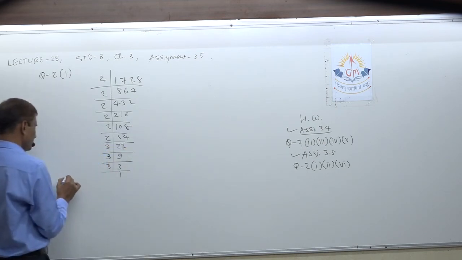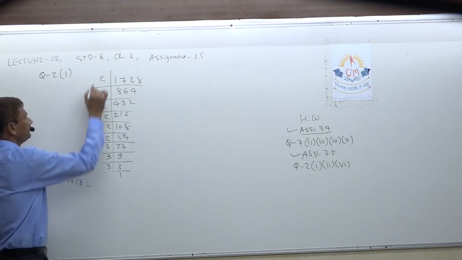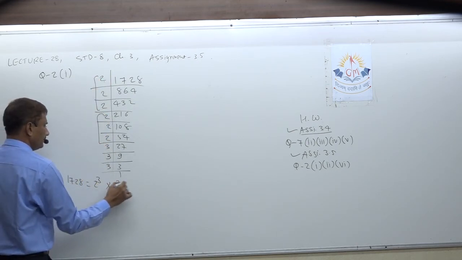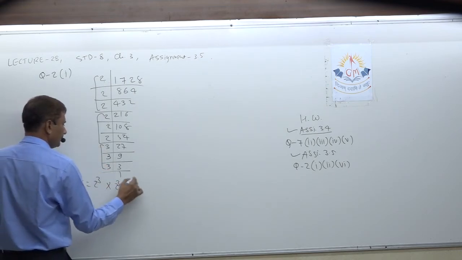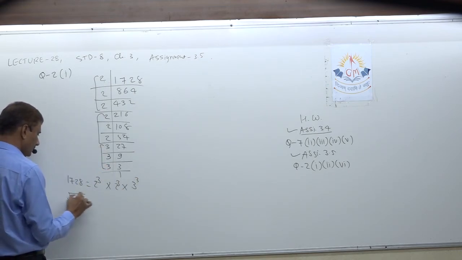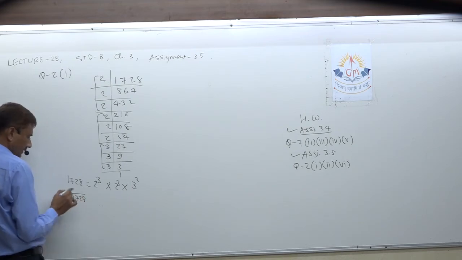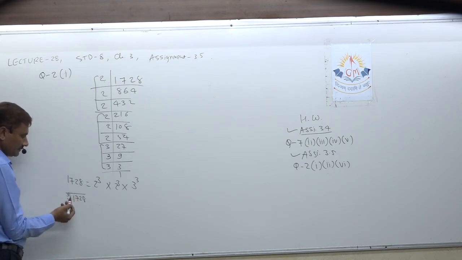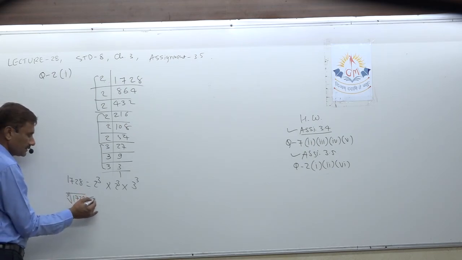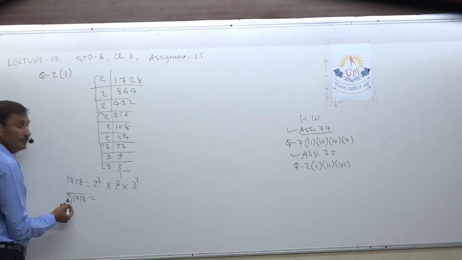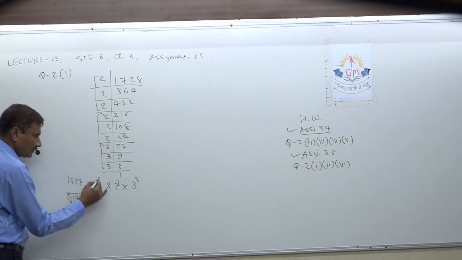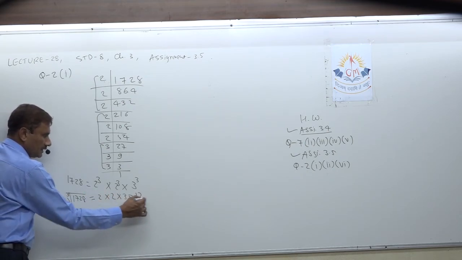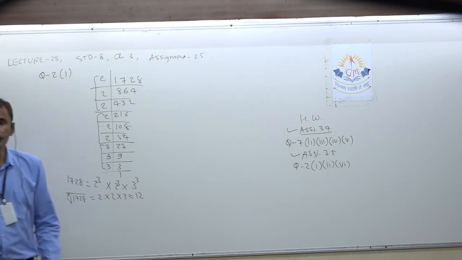Therefore 1728 equals 2 cube into 2 cube into 3 cube. So the cube root will become, okay, be careful here. Whenever you are writing everything, at that time no cube root sign. But as soon as you start finding the cube root, at that time the cube root sign should be there. So now not 2 cube, only 2, only 2, only 3. So 2 2s are 4, 4 3s are 12. So the cube root of the given number is 12.